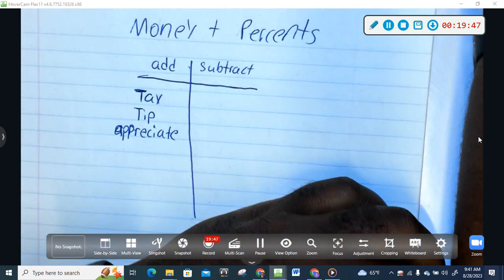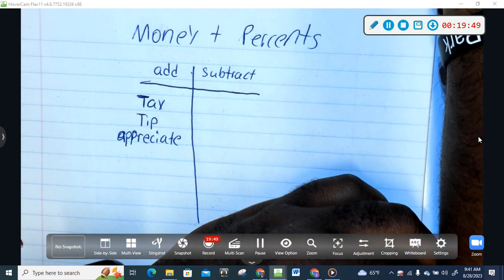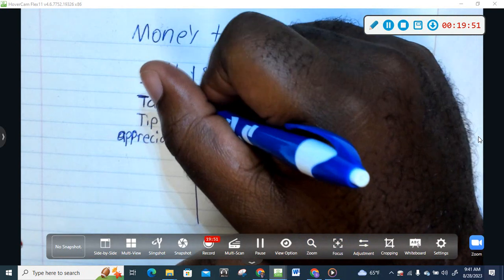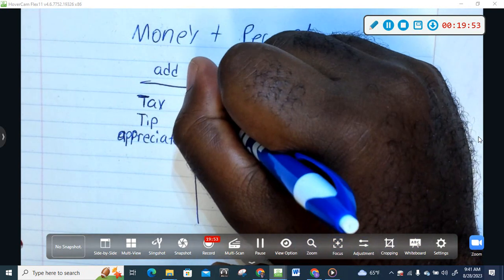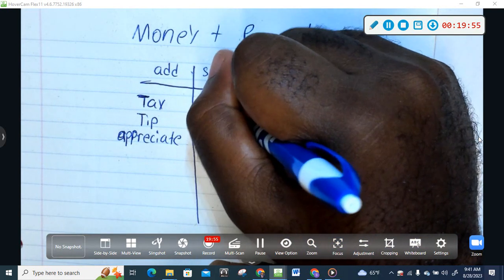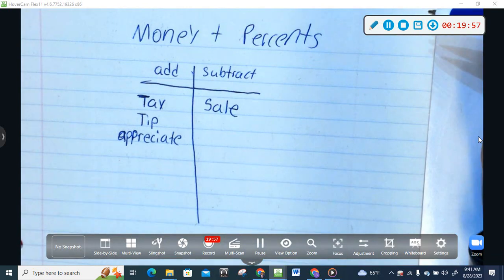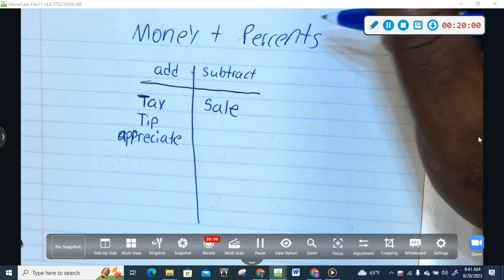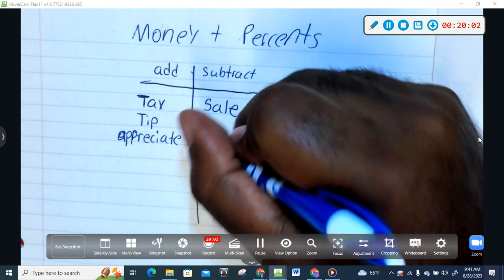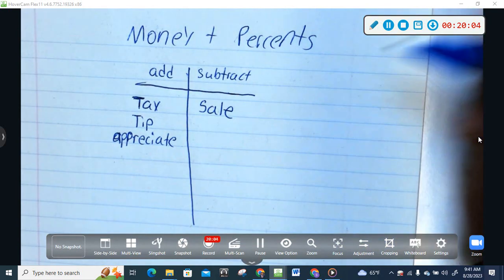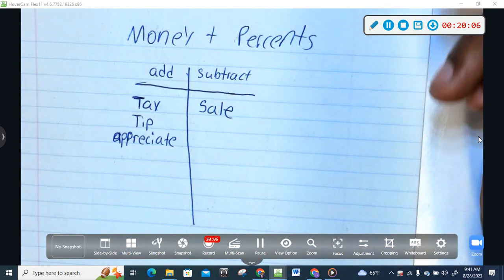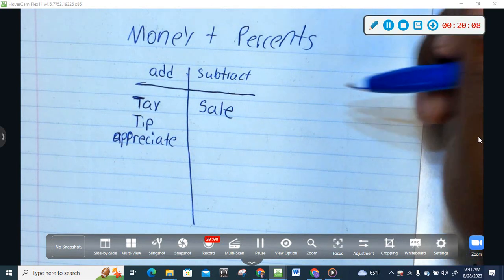On the right side, I'm going to start us off with this. A sale. There's a word that starts with a D that means the same thing as this. What is it?